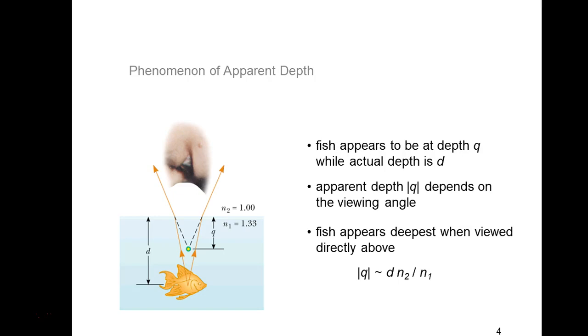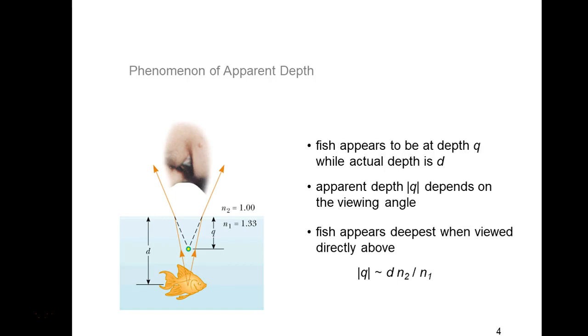But if you now, let's say, walk to the left, and you're still looking at the same fish, and assuming it hasn't swum away, it's still there in the same position, you'll see the image of the fish much closer to the glass of the aquarium.